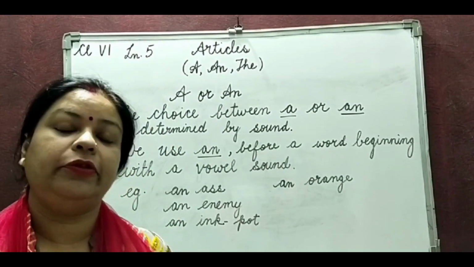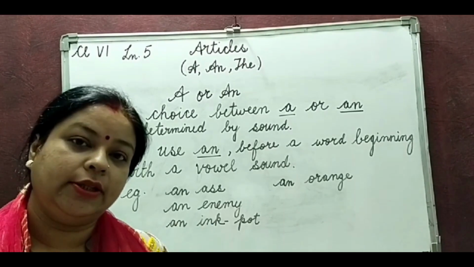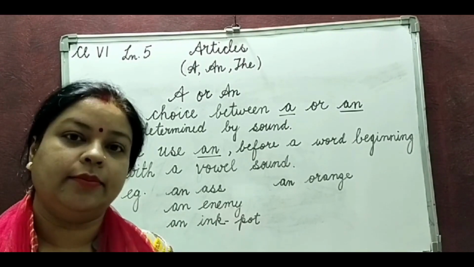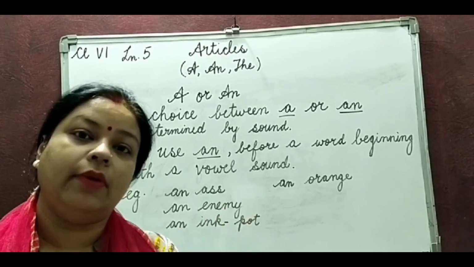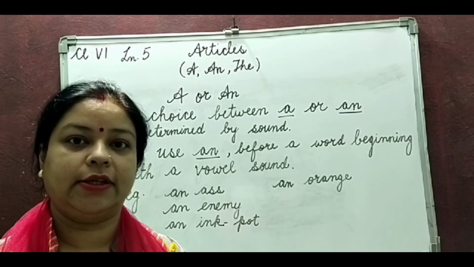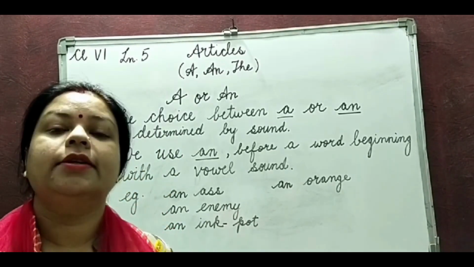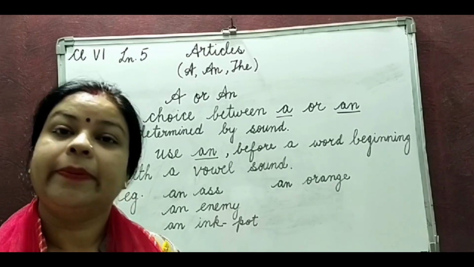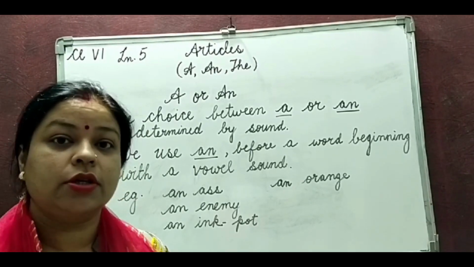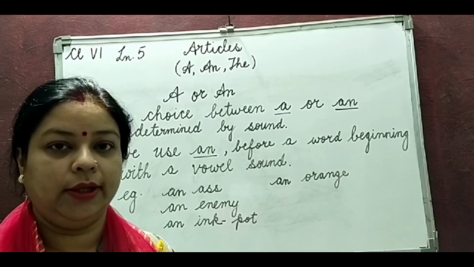That whenever we use a or an, we have to see whether the sound that comes before the word starts with a vowel sound or a consonant sound. So we very commonly know, children, that a is used with the words that begin with a consonant and an is used with the words that begin with a vowel.